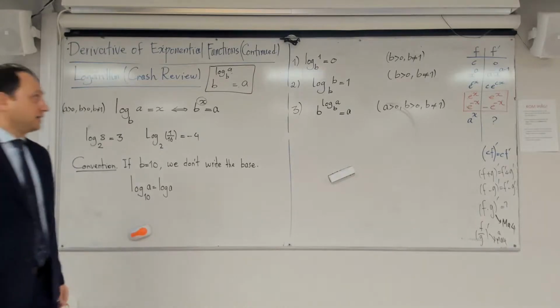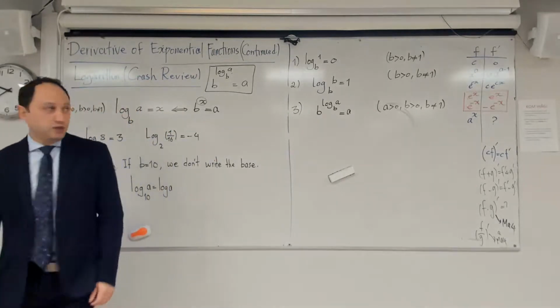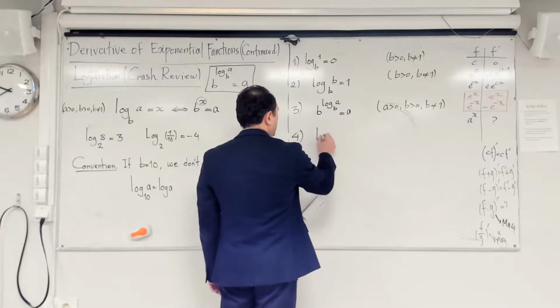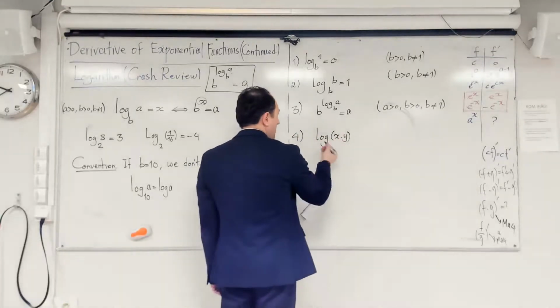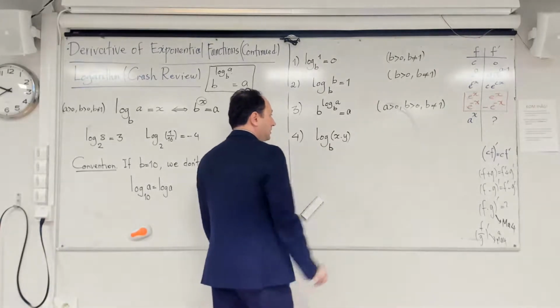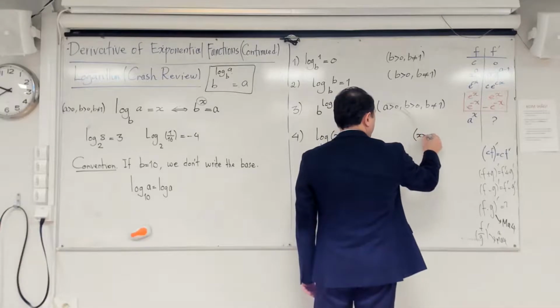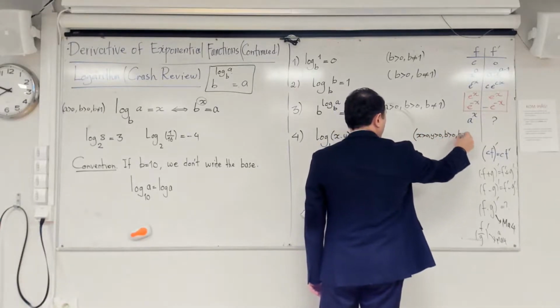One important fact is what happens to a logarithm of a product. So if I have this situation, number 4, assume that I have the logarithm of the product of 2 numbers in base b. Of course, here x should be positive, y should be positive, b should be positive, b shouldn't be equal to 1.